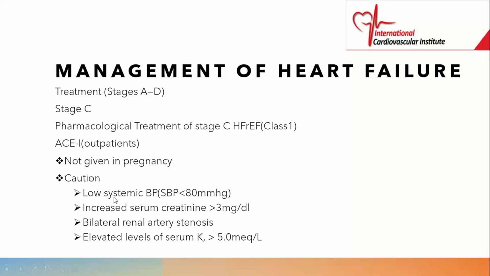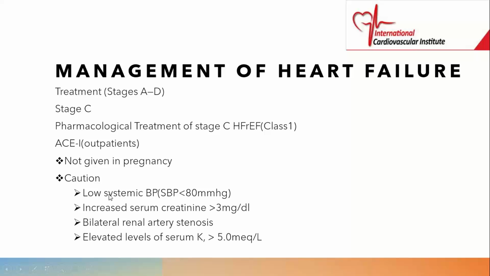You have to be very careful if the patient has a low blood pressure, and we're talking about probably less than 80 millimeters mercury. So your ACE inhibitor for heart failure, ACE inhibitor does a lot of things. It's a vasodilator, and it also has a favorable response to some of the compensatory hormones that are released.